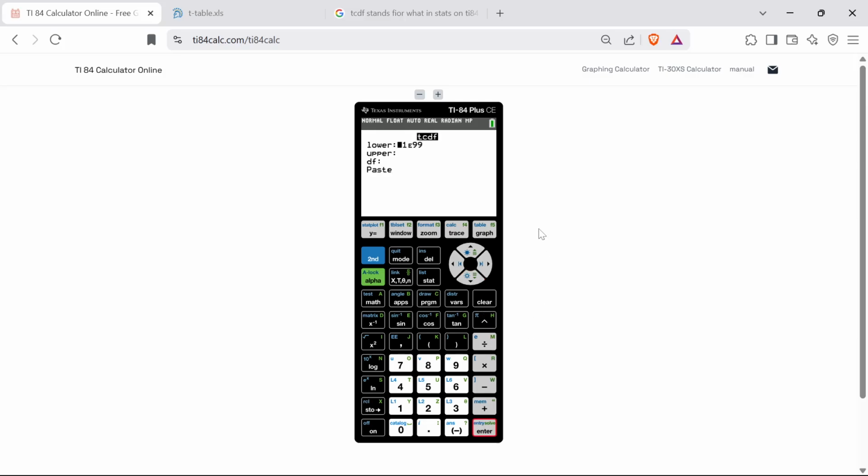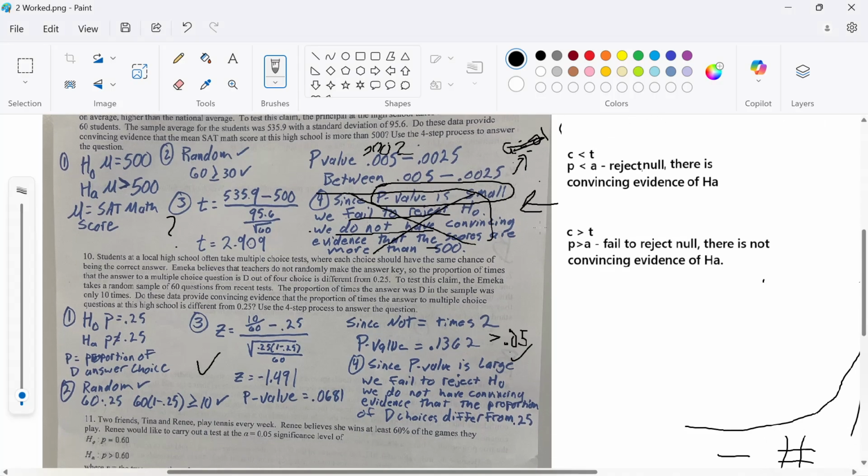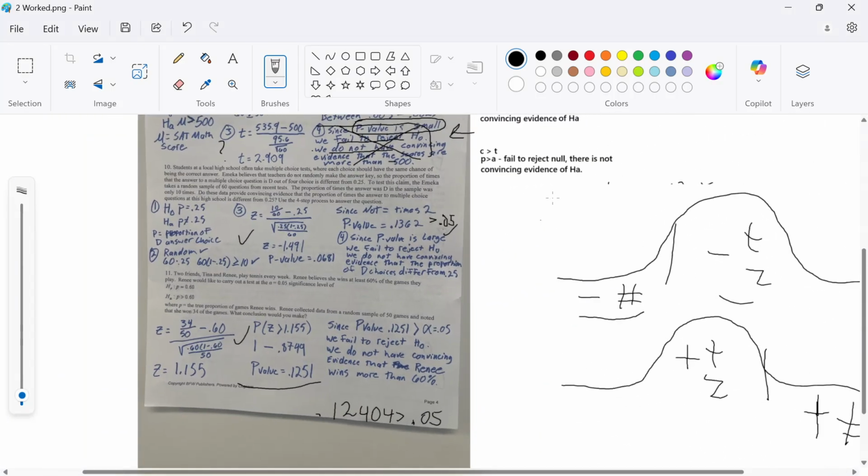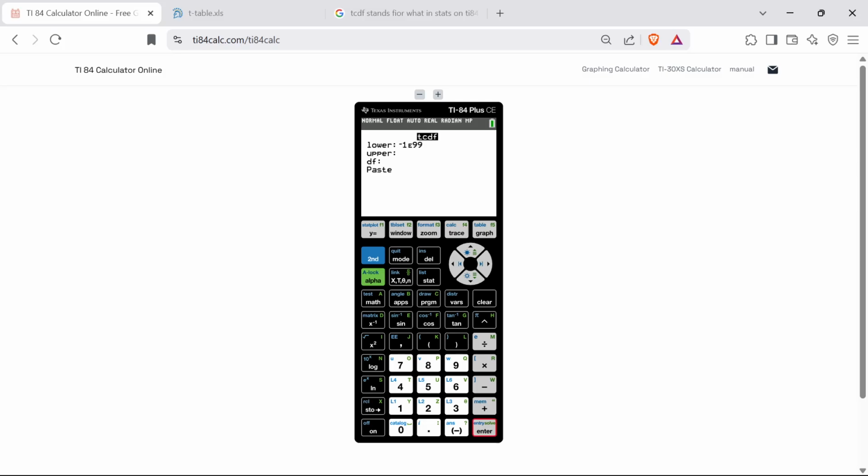Notice this is a positive t value. If the t or z value is positive, I put it first in the lower bound, and then for the upper bound I put a large positive number. If the t or z value is negative, I put a large negative number in the lower bound, and then the negative t or z in the upper bound.